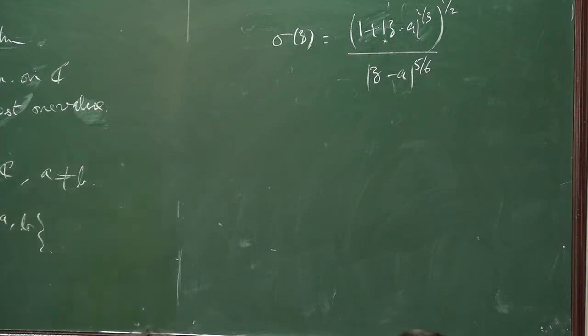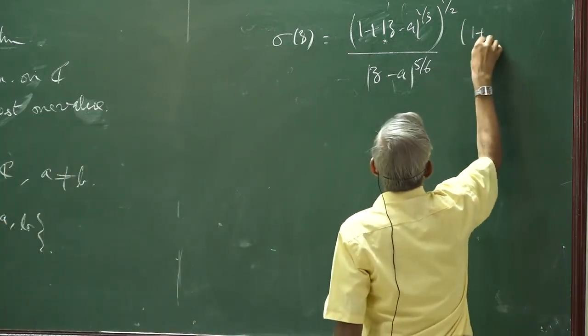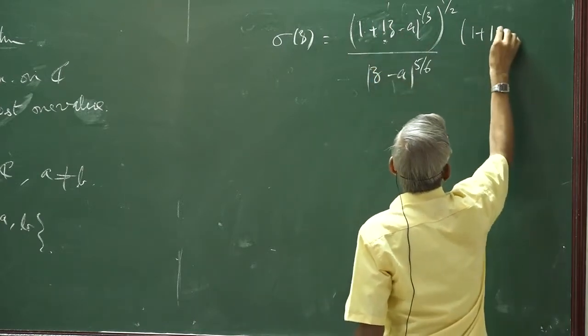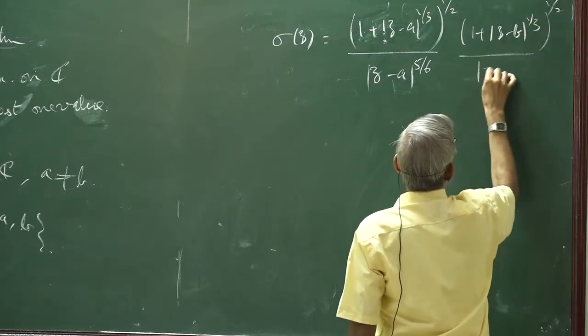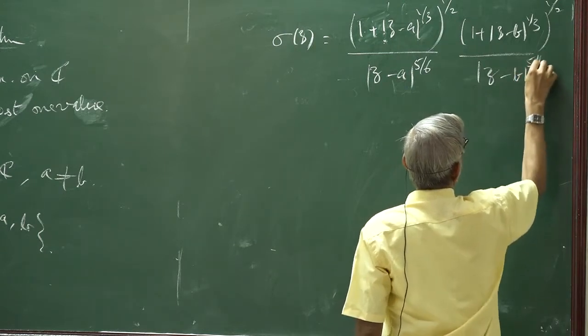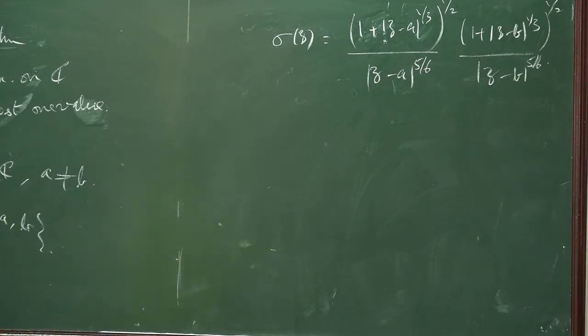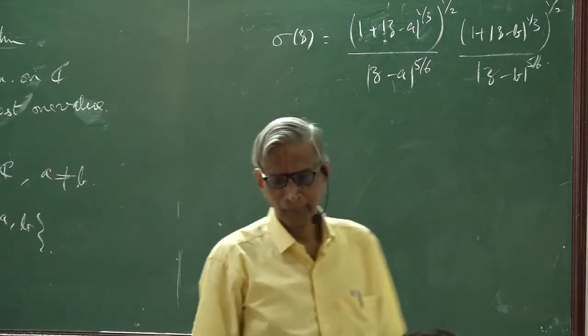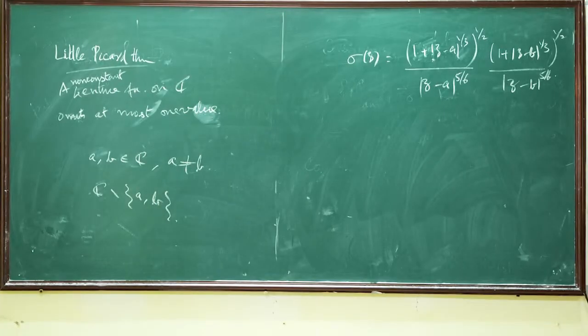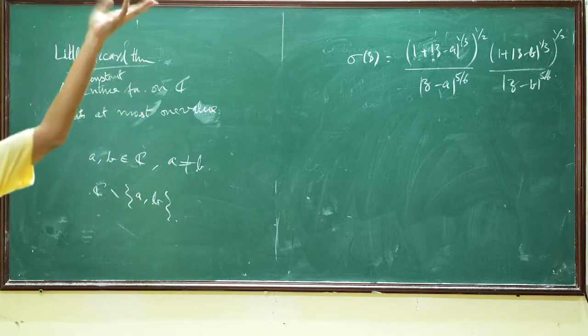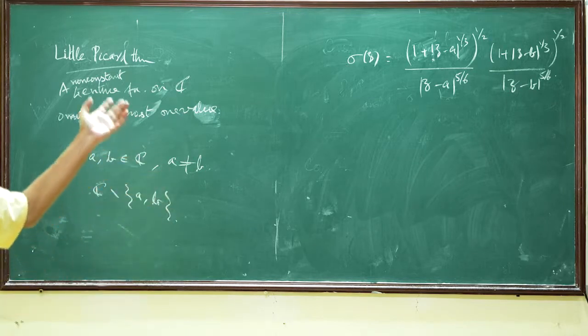Okay? 1 plus |z minus b|^(1/3). Of course, the calculation you have to do is a little unpleasant, so to say, but nevertheless take it from me that I have calculated it at least once, maybe 15 years back, perhaps.